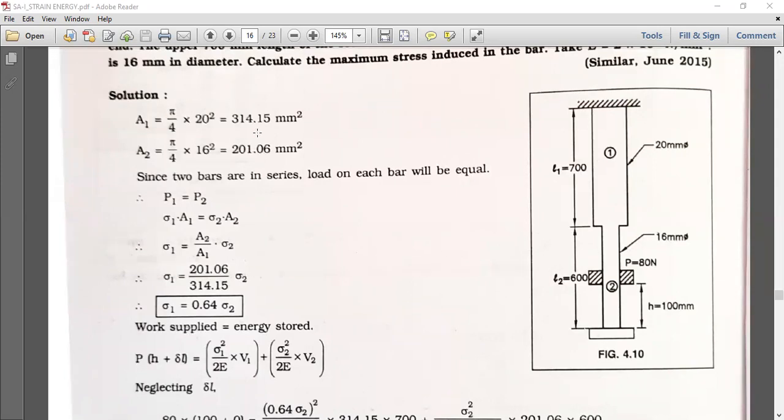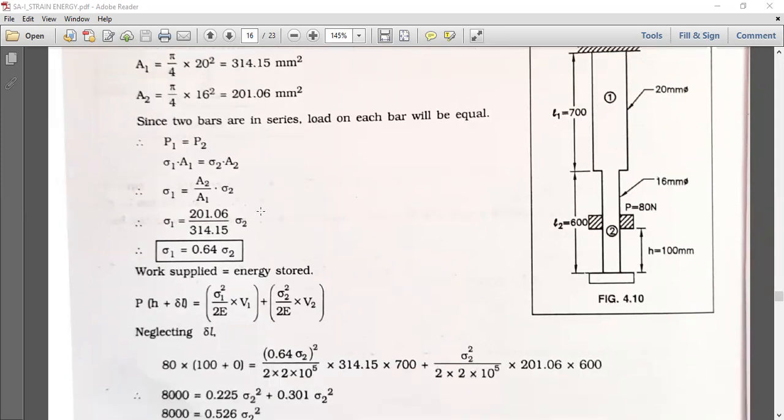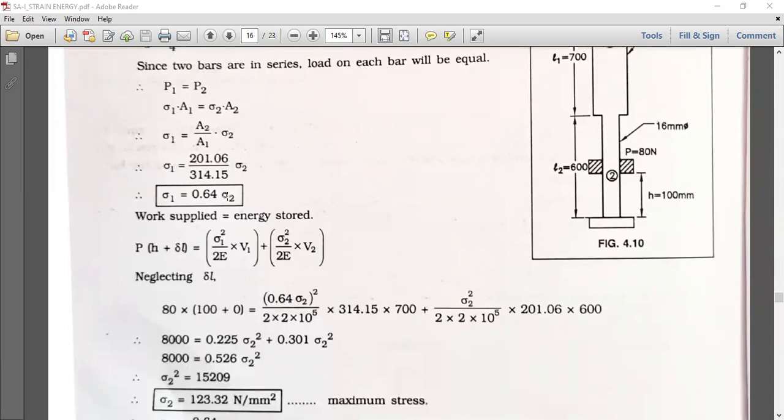Now, the main equation: work supplied is equal to energy stored. P in bracket H plus delta H is equal to sigma 1 square upon 2E into volume plus the same equation for the other material.